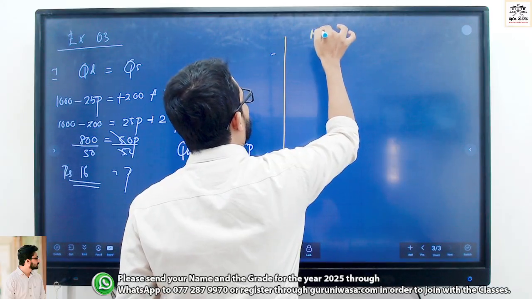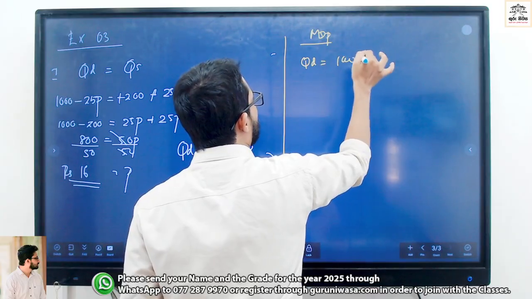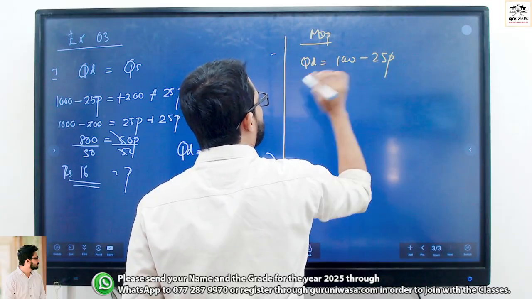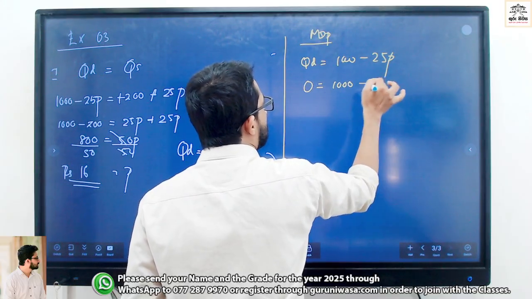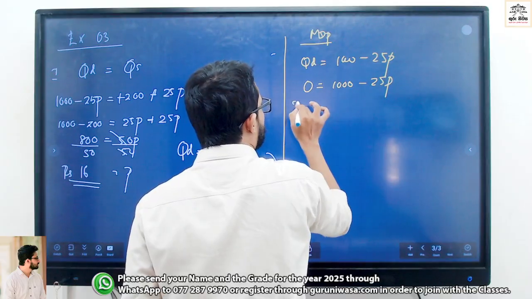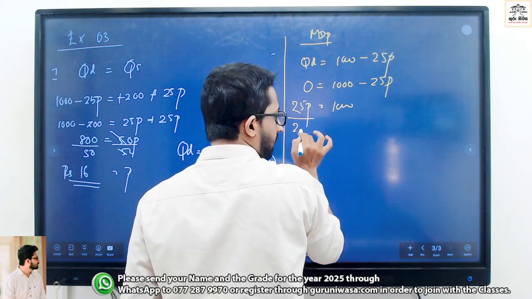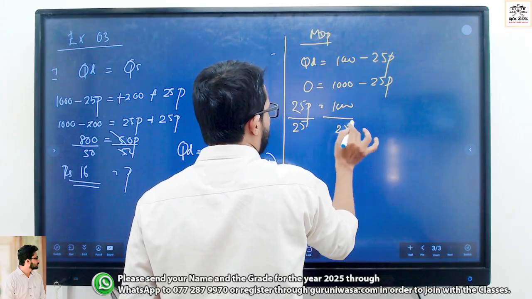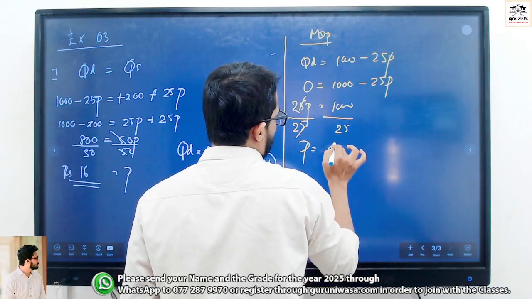Maximum demand price: QD equals 1000 minus 25p, set to 0. 1000 minus 25p equals 0, so 25p equals 1000, divided by 25, p equals how much? 40 rupees, right?